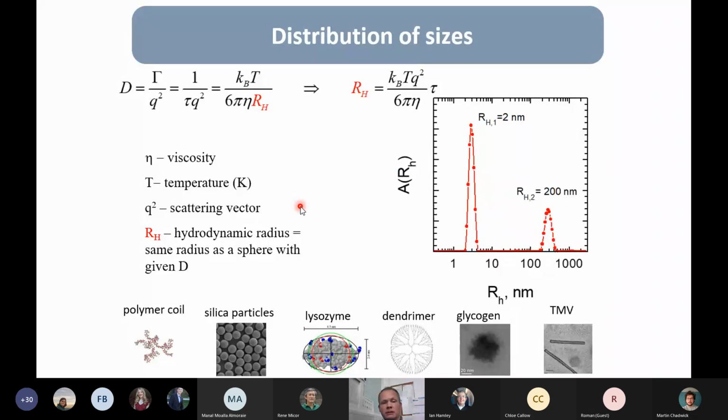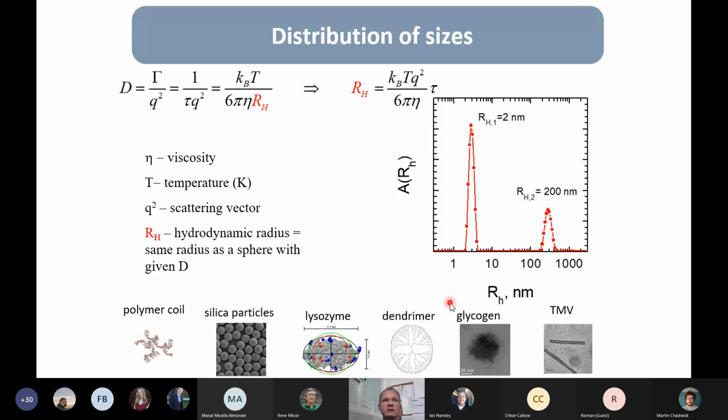But you never know if you are dealing with a polymeric coil, silica particles, lysozyme, a dendrimer, glycogen or tobacco mosaic virus. The only value you will have from a DLS experiment is diffusion, which is converted by software to hydrodynamic radius.